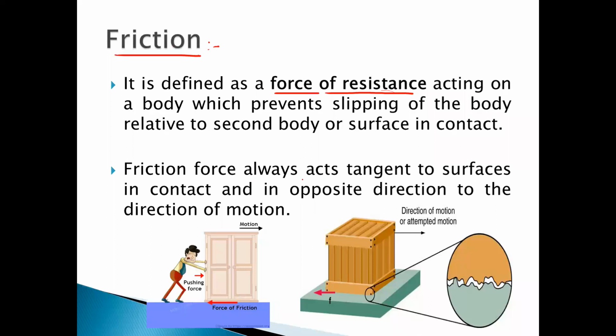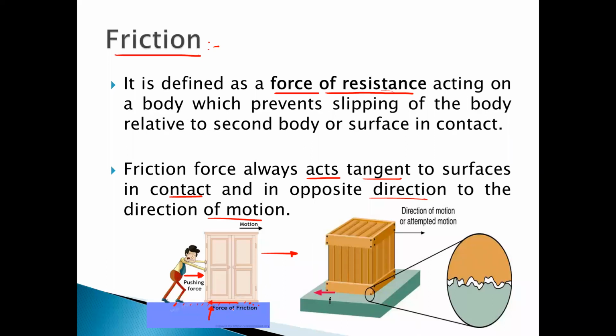Friction force always acts tangent to the surface in contact and in the opposite direction to the direction of the motion. Here you can see one example. The person is trying to push the object in this direction, so this is the positive x direction. The friction between the ground and the contact surface which is sliding over that ground, this is the direction of the resistance.